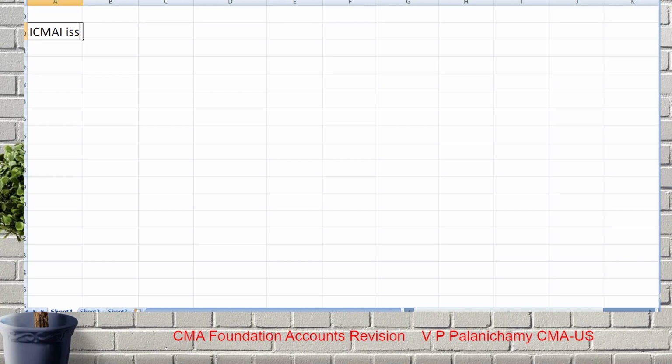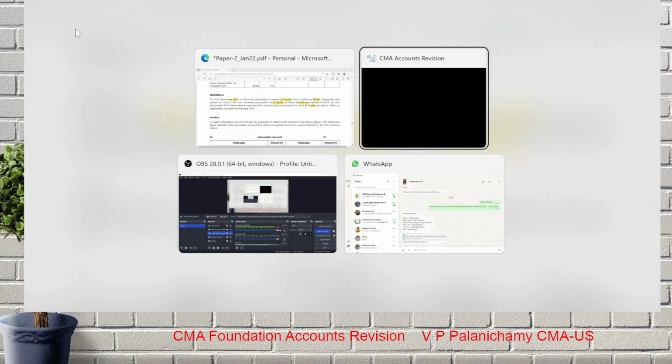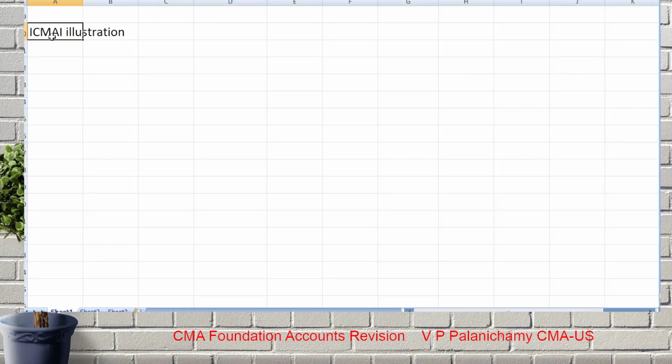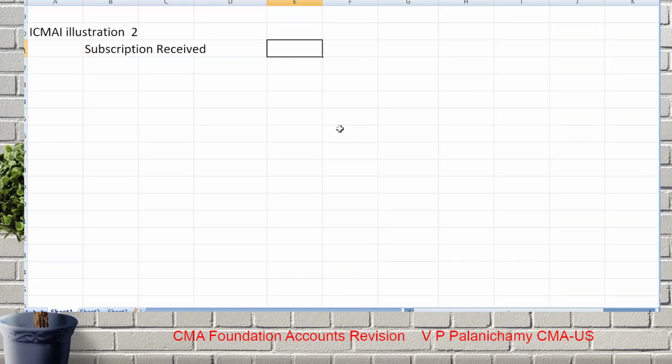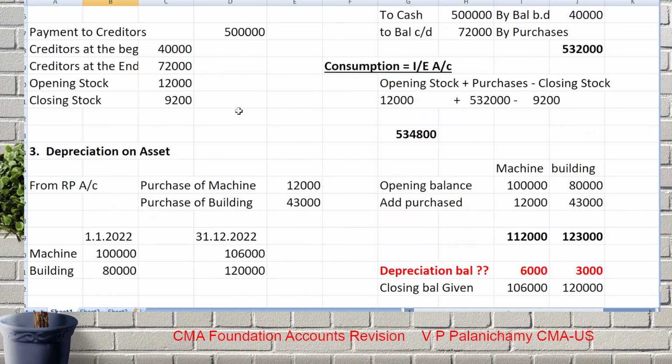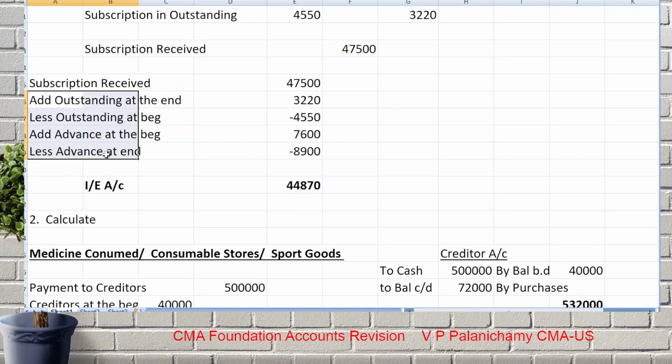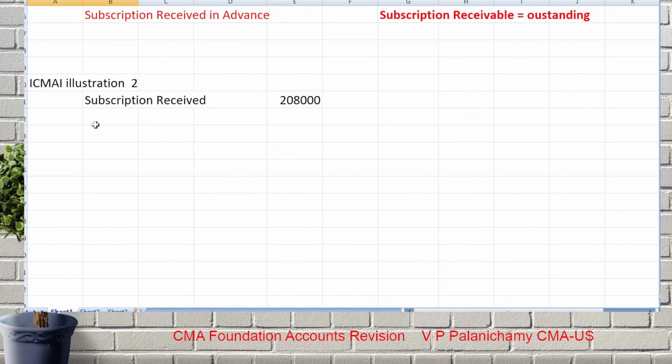CMA illustration two. Subscription received: how much is given? 2,08,000. To that we add outstanding at the end of the year.